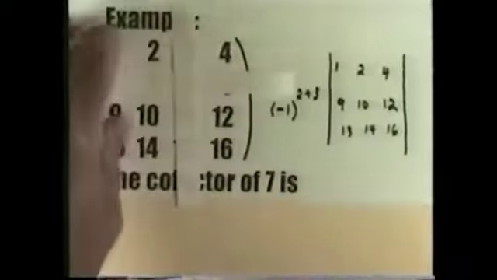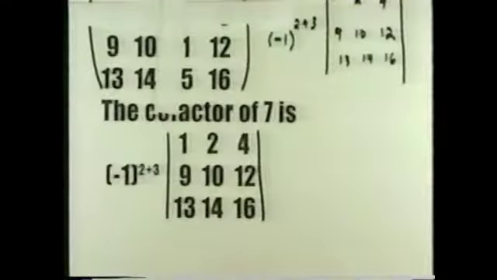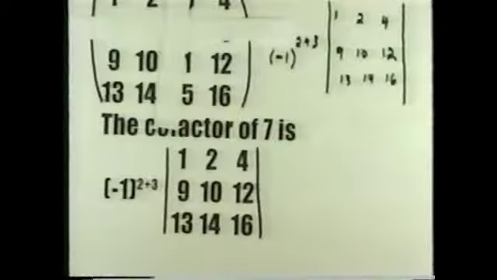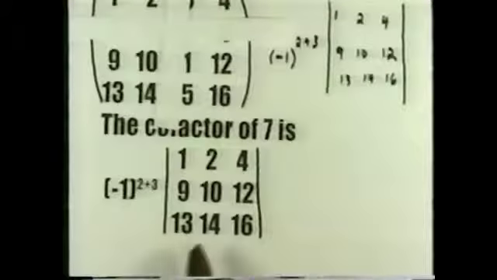So I wanted to show you how I did it. You might have a hard time reading the writing. I had to do it real small. So in case you can't get it, here is the cofactor in print.